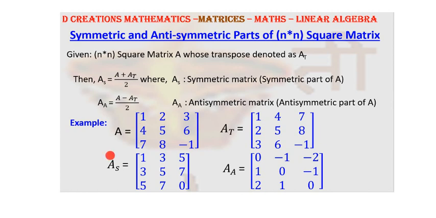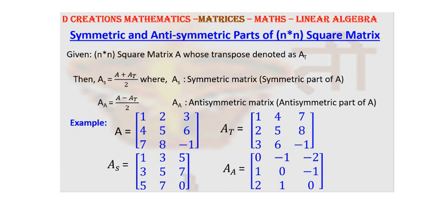So in the symmetric part, first row, second column, we get the element as 3. Similarly, you can do it for the rest of the elements. You can see that whatever you've obtained, it's a symmetric matrix. That means Aij is equal to Aji. So as expected, the first row second column element is equal to the second row first column element, and so on and so forth.